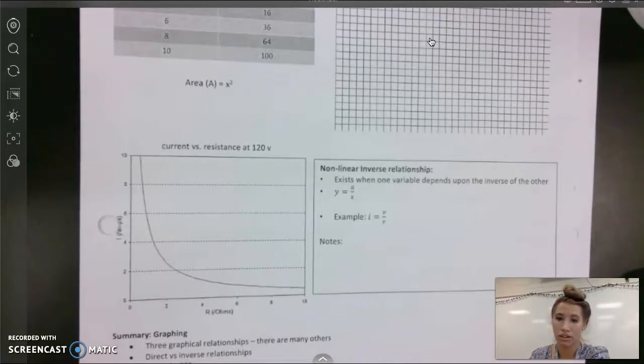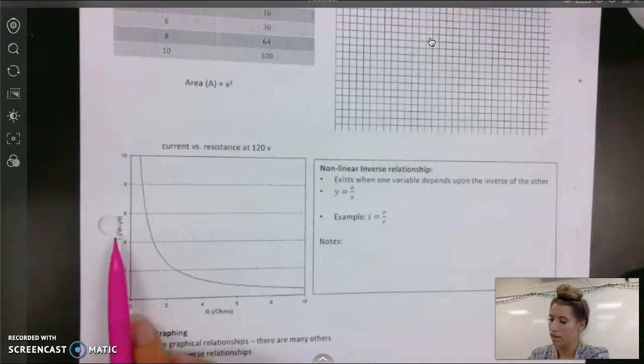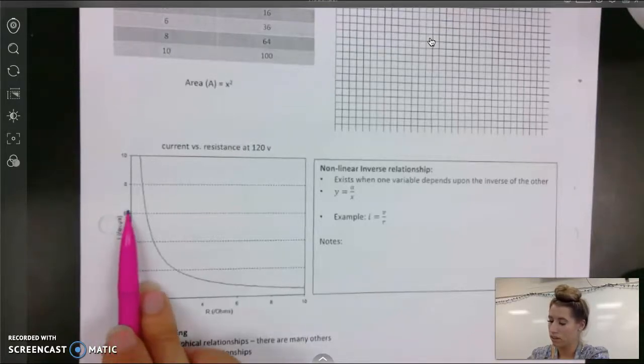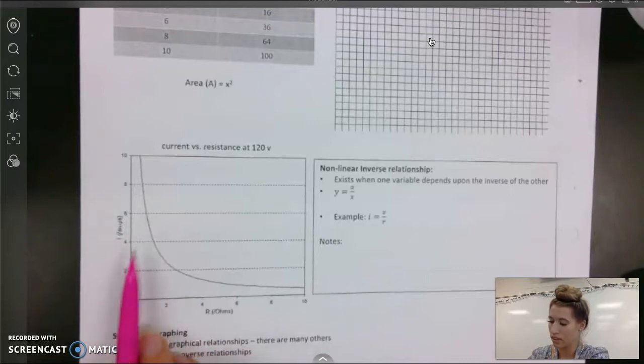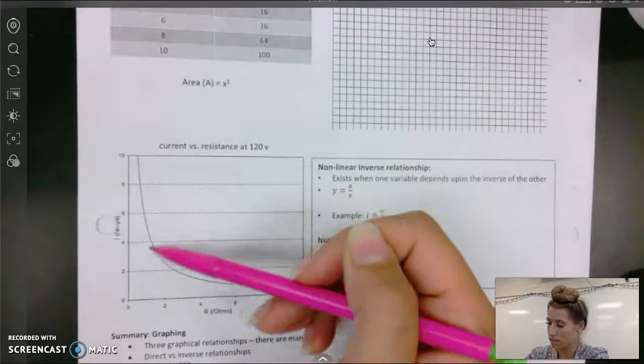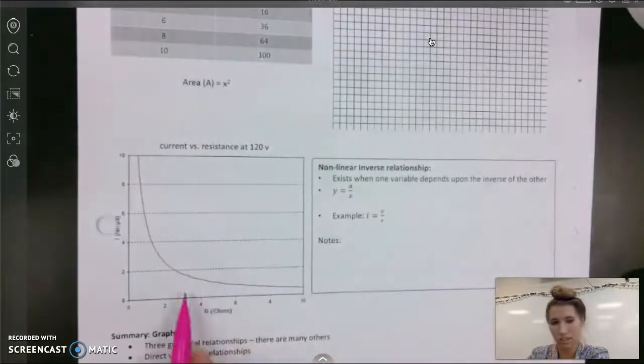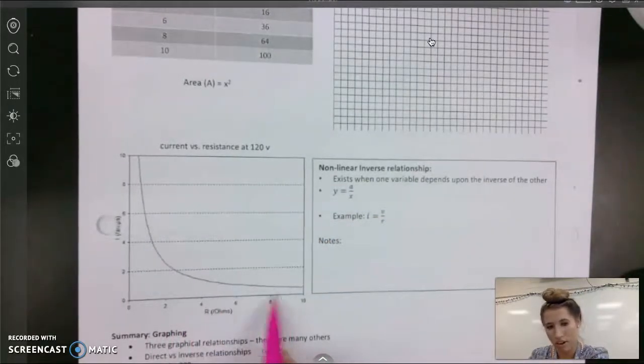V equals IR. So when I look at this, I realize as my current is getting smaller, okay, so as this is getting smaller, my resistance is getting larger.